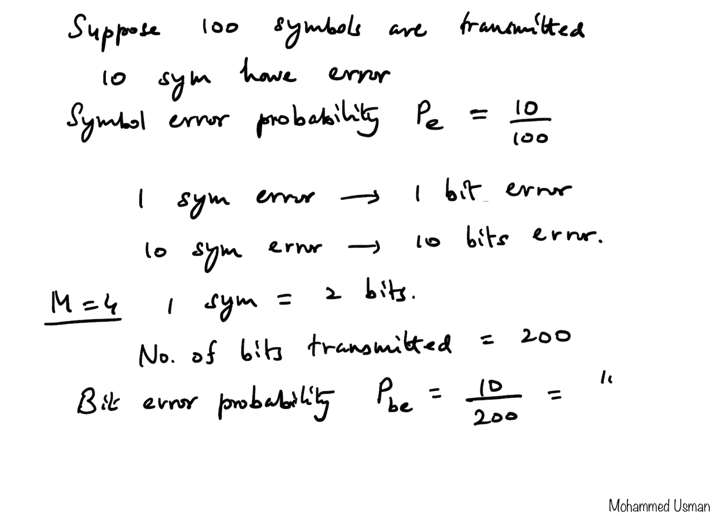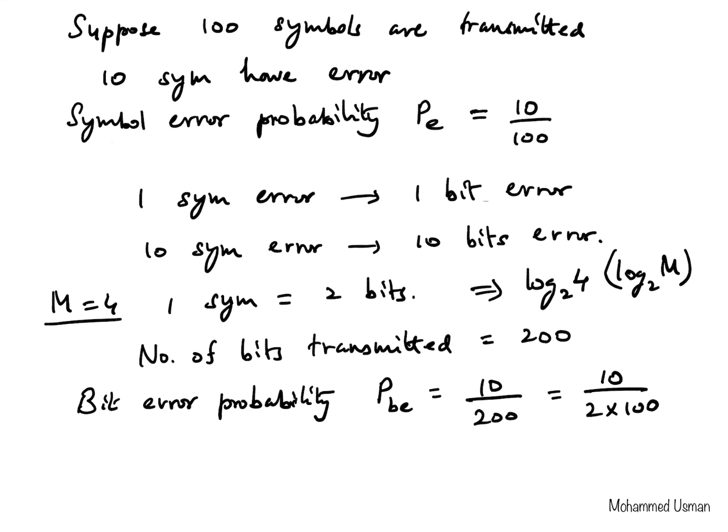And we can rewrite that slightly differently as 10 by 2 into 100. Now what is this 10 by 100 that we have here? The 10 by 100 is the same as here, which is the symbol error probability. And what is the 2 here? 2 here is the number of bits per symbol, which is nothing but logarithm to the base 2 of 4, right? In general, logarithm to the base 2 of m for any m, right?